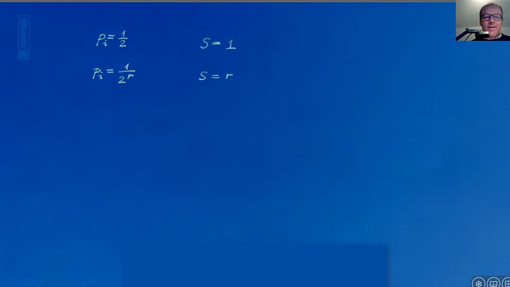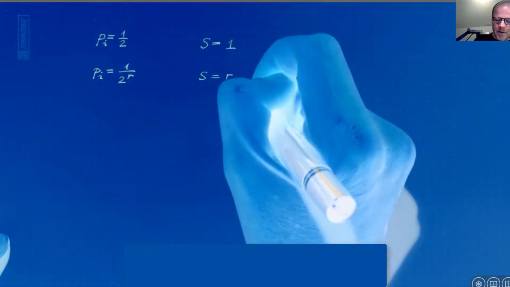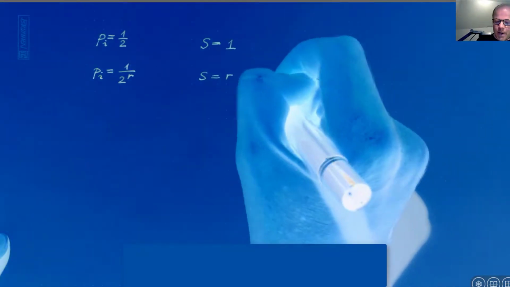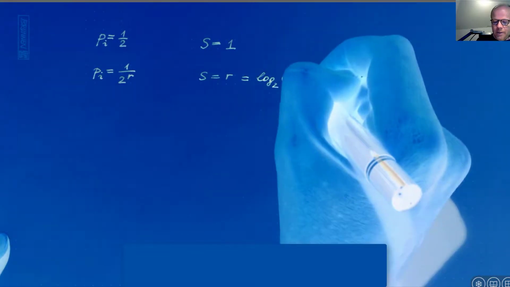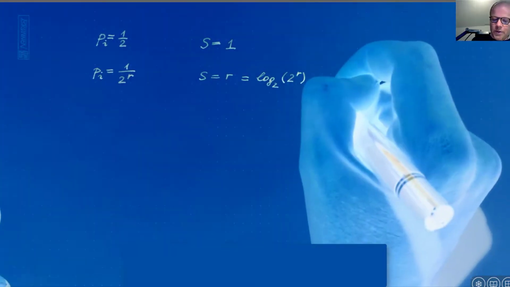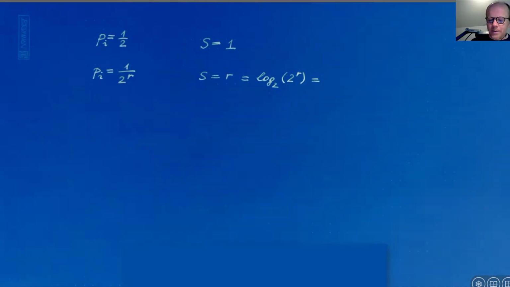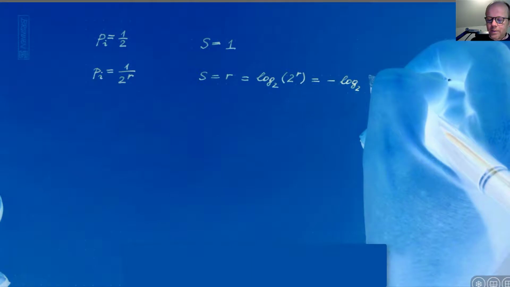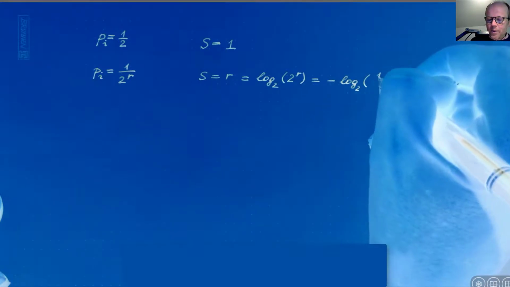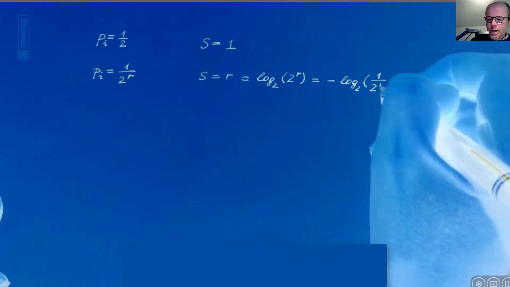I can write the expression for the Shannon entropy in a slightly different way. I can say the r, that's the same as the binary log of 2 to the power r. Or I can also say this is minus the binary log of 1 over 2 to the power r.